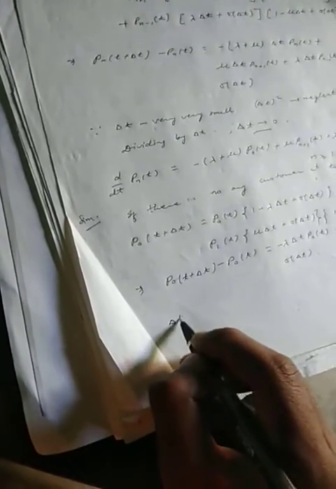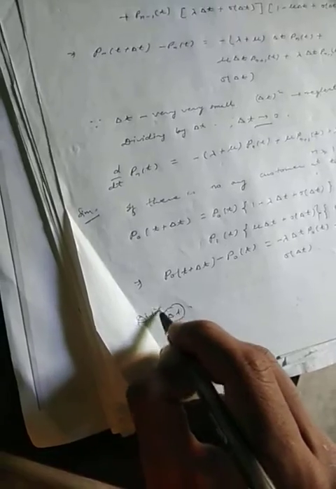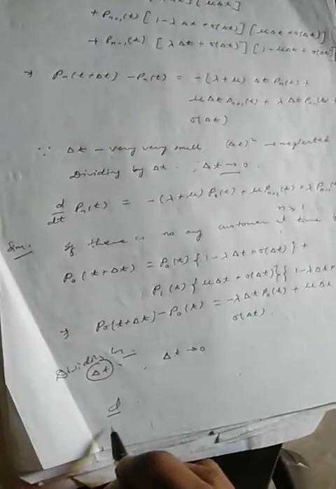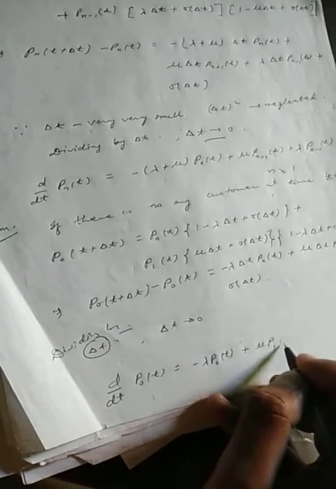Now dividing this equation by Δt on both sides, and of course taking Δt tends to 0 because Δt is a very small time interval, we get d/dt p0(t) = −λ p0(t) + μ p1(t), where n is 0, the number of customers is 0 at that time.